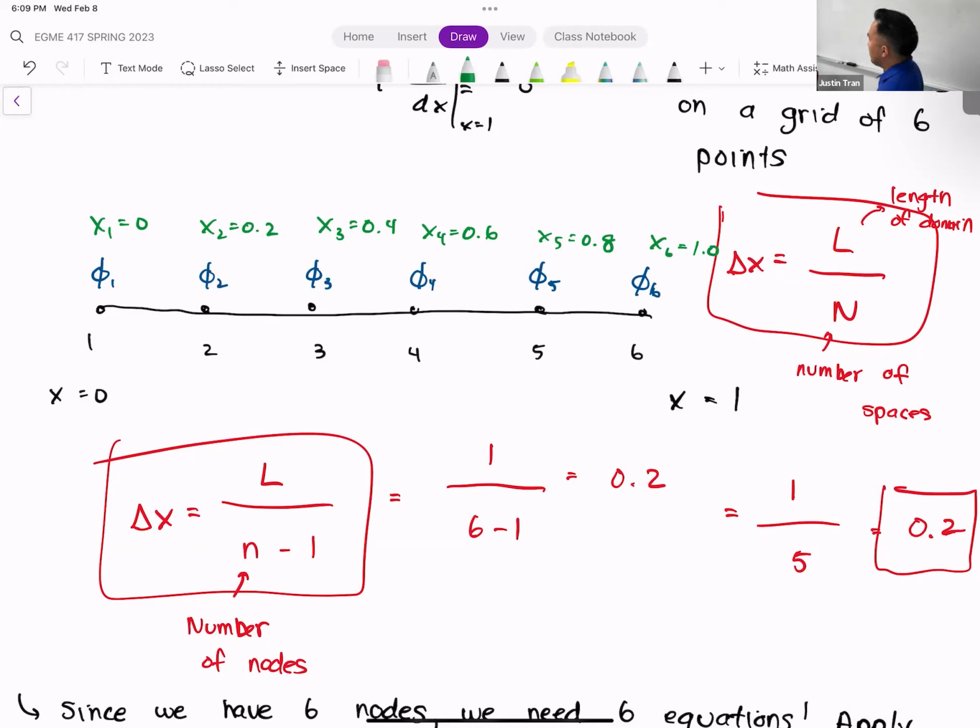Right, so every node in our system has its own physical coordinate. It has its own x value, and each one has a corresponding phi value that we're going to solve for.